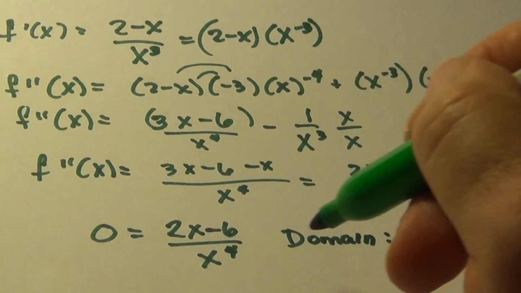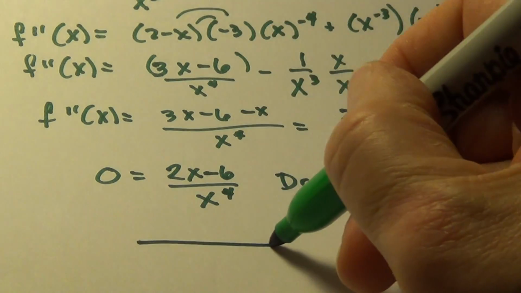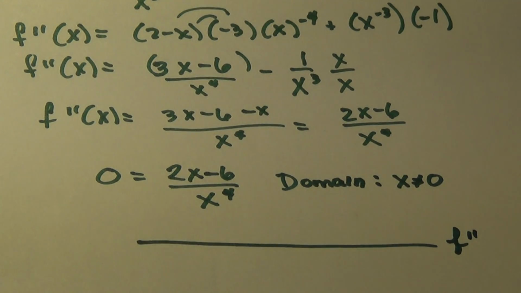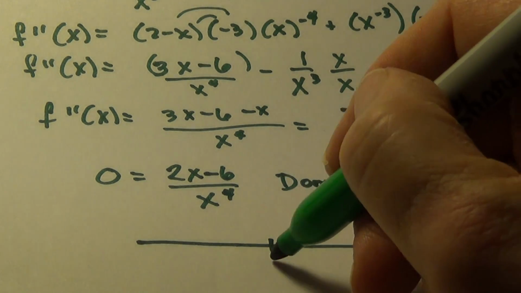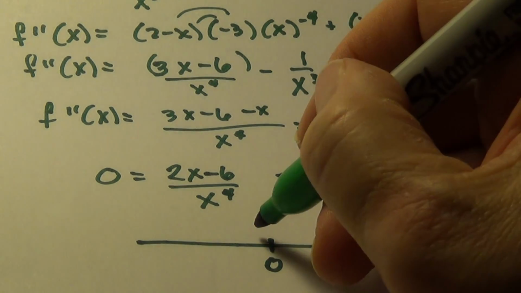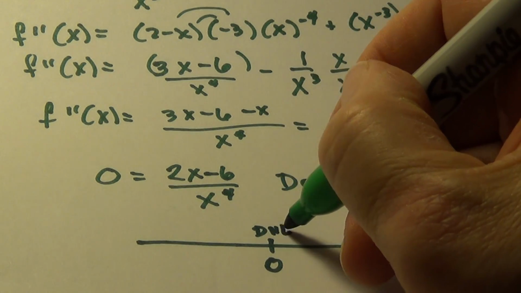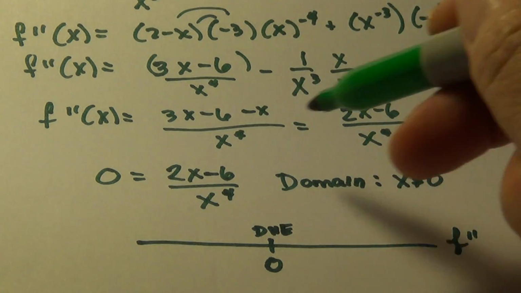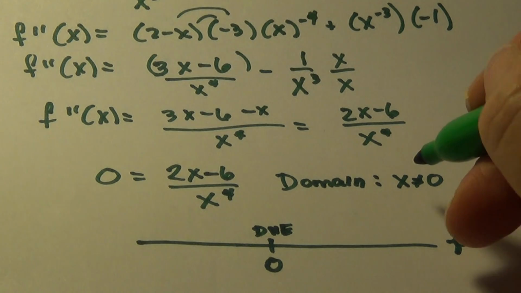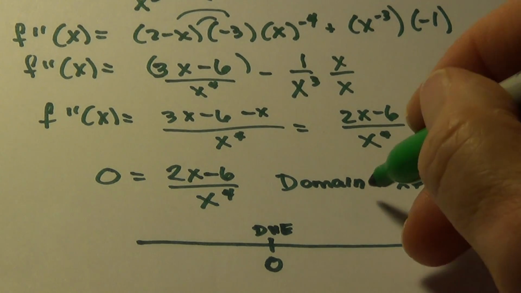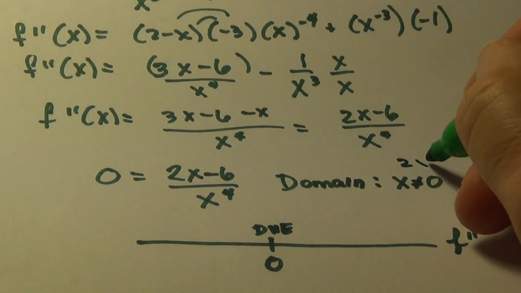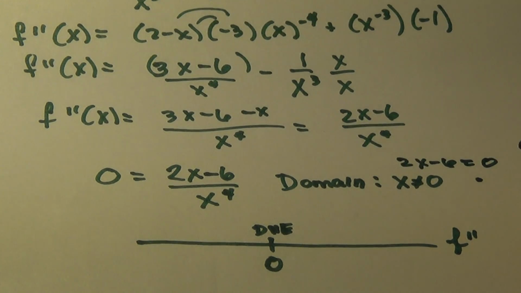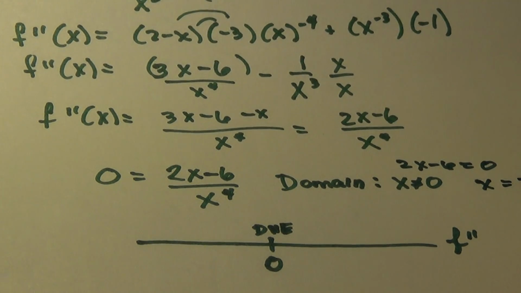So on my list of points, they don't call them critical points for the second derivative, but it's calculated similarly. So we have one point of interest, we'll call it, at 0, and we'll recall the second derivative does not exist there. Now, is there a place where this zeroes out? It zeroes out where the numerator is 0, and that is at 2x minus 6 equals 0, or x equals 3.